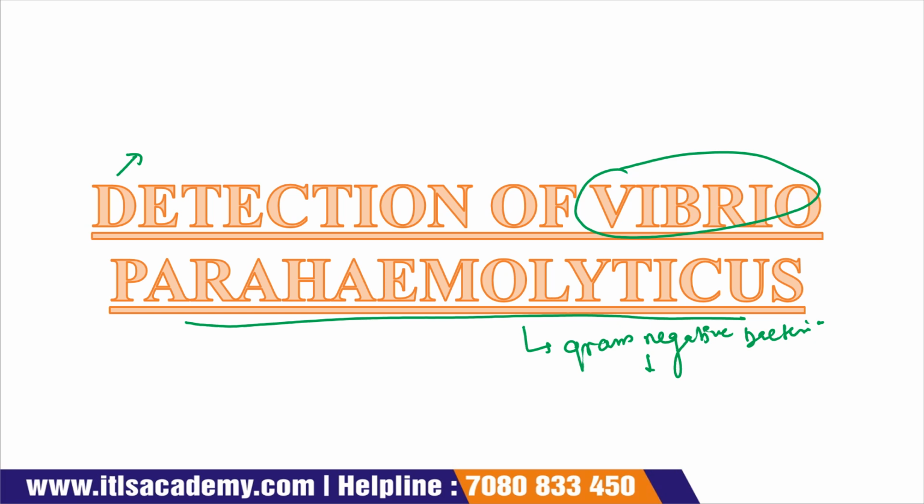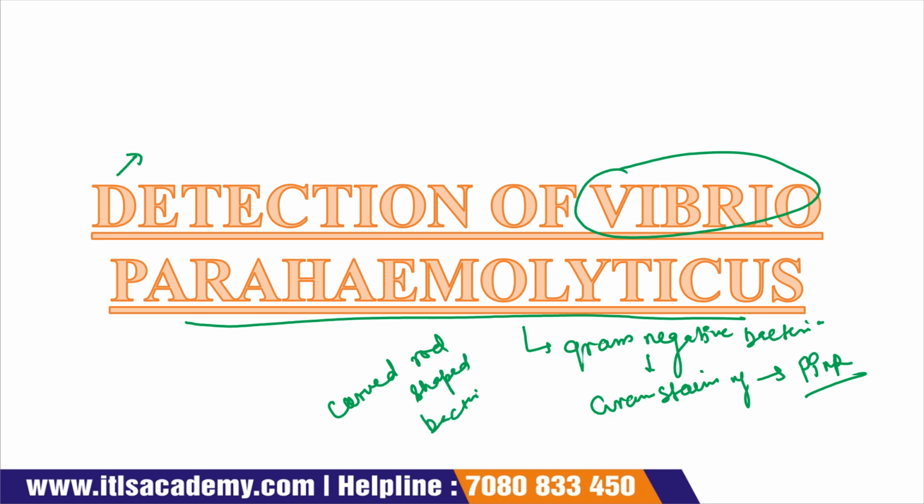That means that when we do a gram staining, it will give a pink color colony. It is a curved rod-shaped bacteria, and they are found in the sea.